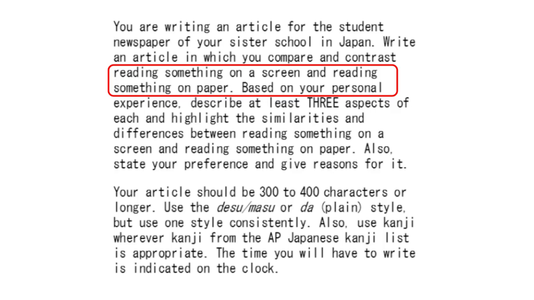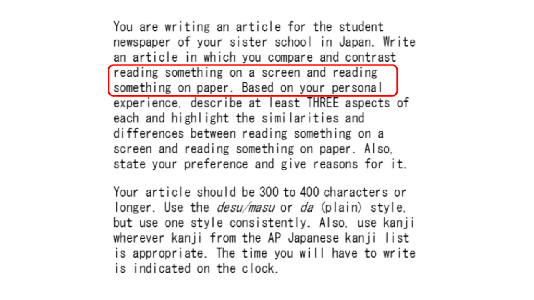You're going to write an article, pretending to write for your sister school's student newspaper, about two things from the American high school students' perspective.